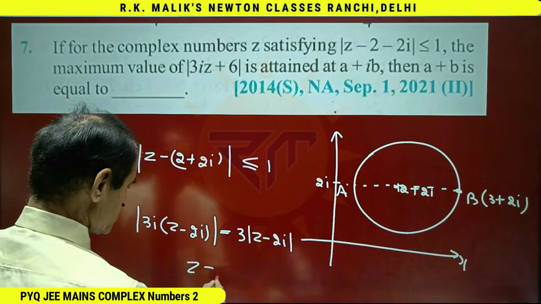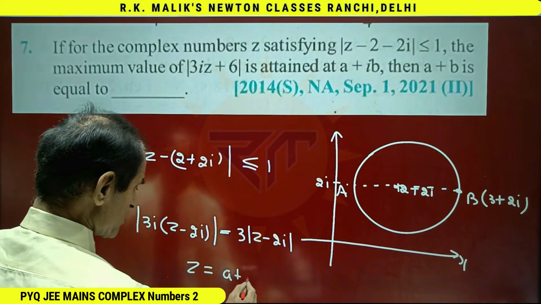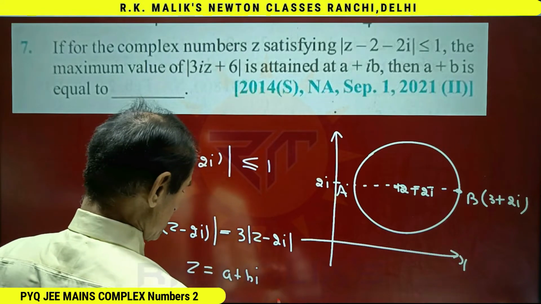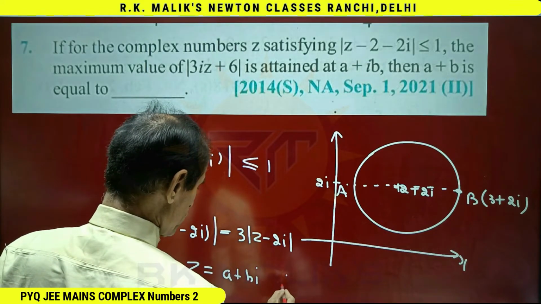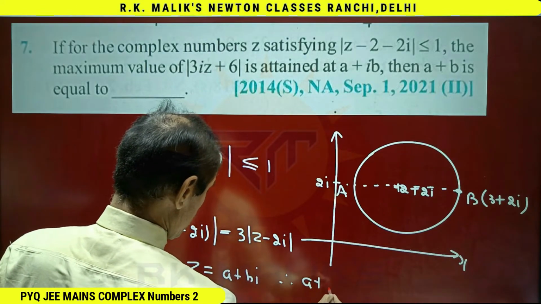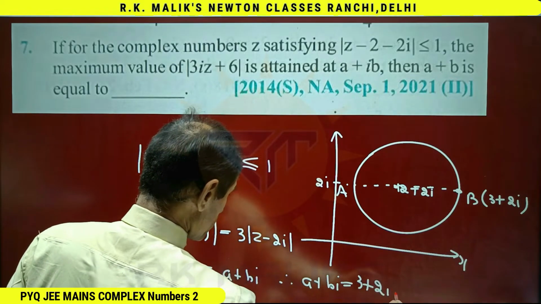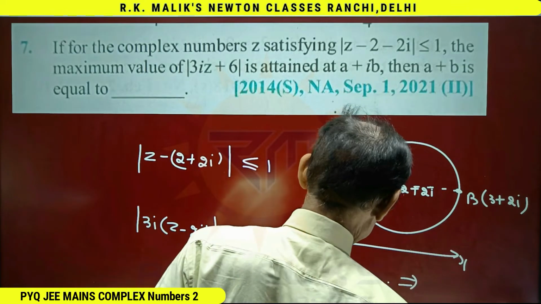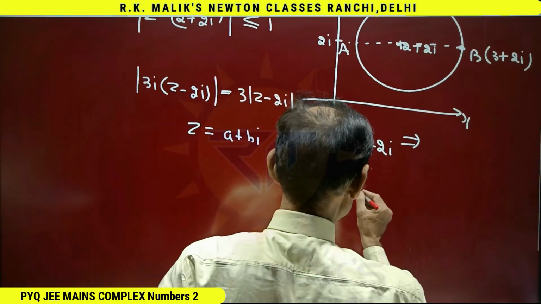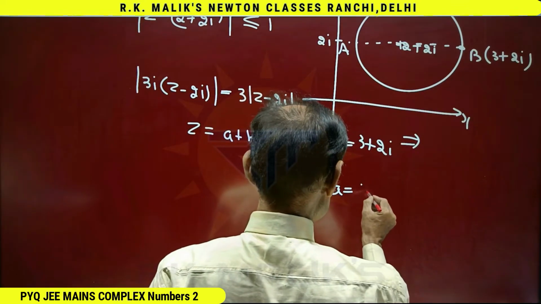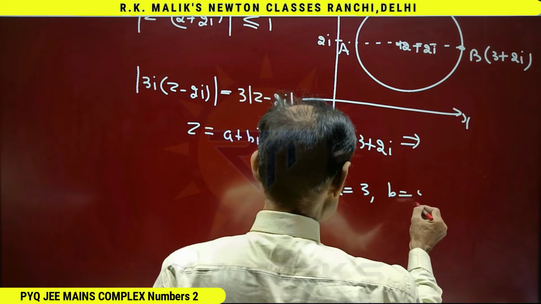and z equal to a plus bi is given. Therefore, a plus bi is equal to 3 plus 2i, which implies that a is 3 and b is 2.